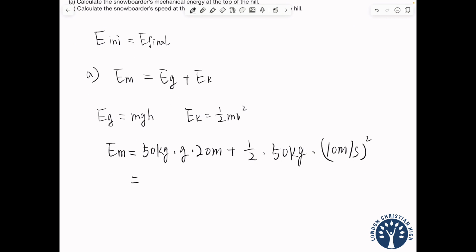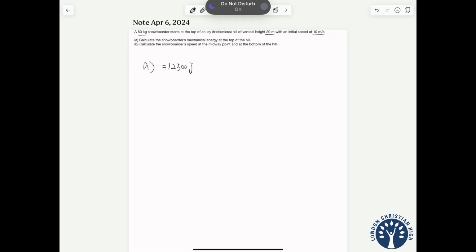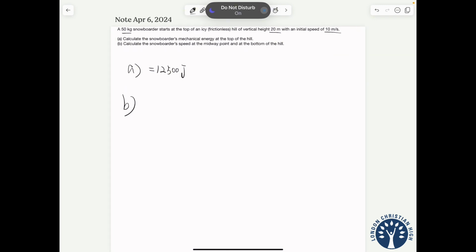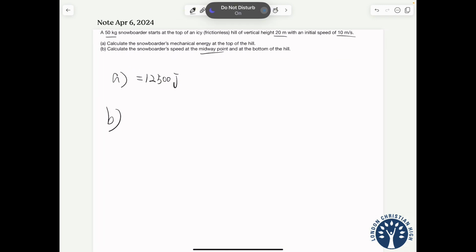Let's assume that g is 10. Our final answer will be 10,000 plus 2,500. That will be 12,500 joules.